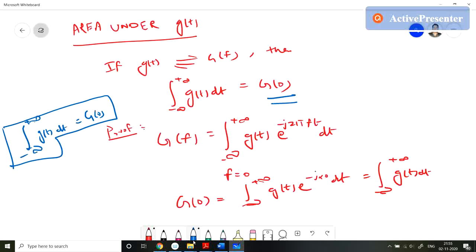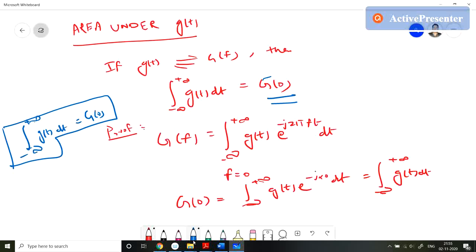So it is very interesting. If we have a frequency spectrum and we put the frequency equal to 0, then the value of that frequency spectrum at f equals 0 is nothing but the total area acquired by the signal g(t).